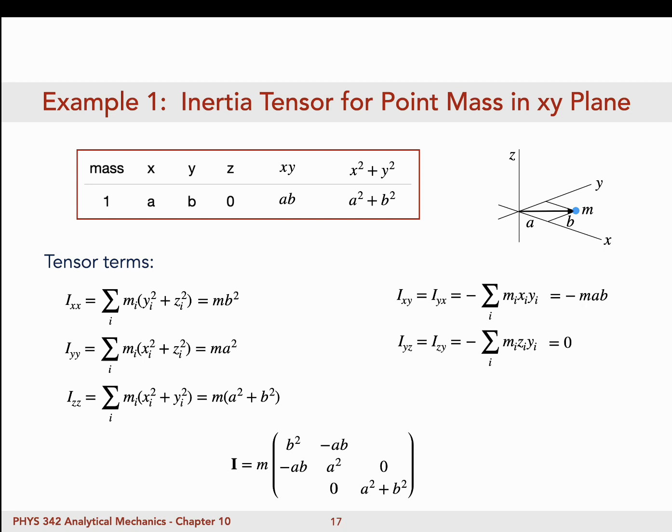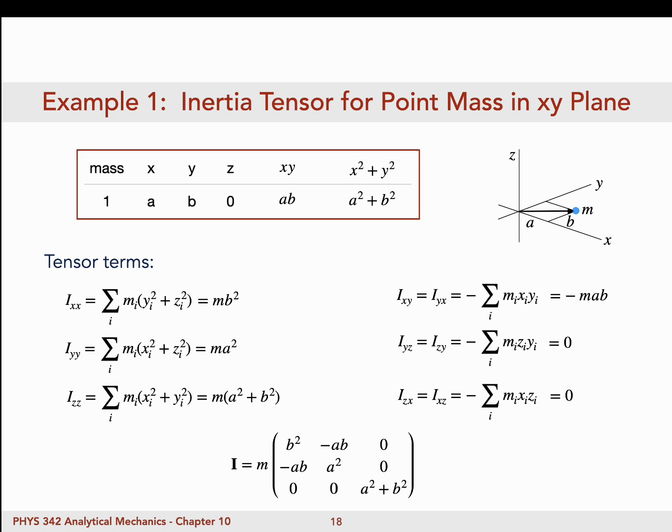The yz and zy components are 0 because you're multiplying by z, and z is 0, so this term and this term are 0. Similarly, the xz and zx terms are also 0 because you've got a z in there, which is 0. So these terms here and here are both 0. So that's it. It wasn't too painful to calculate the tensor. We see that there are some 0 terms in there.